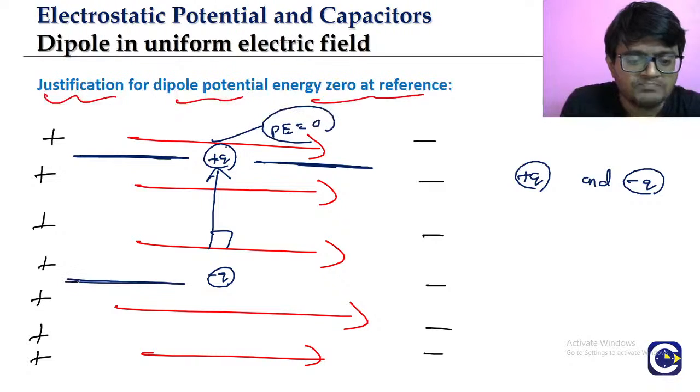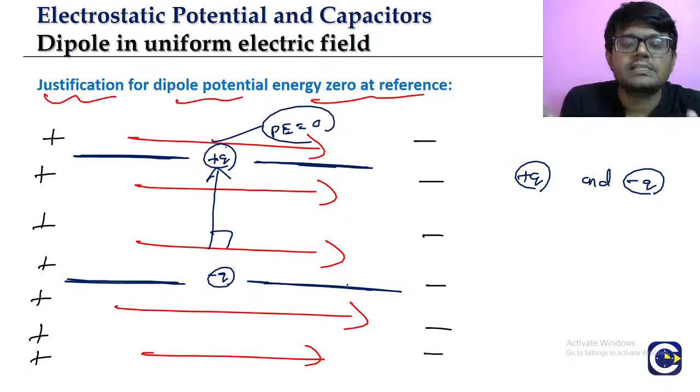Similarly, the minus q is also equidistant. The external electric field is created by symmetric charges.